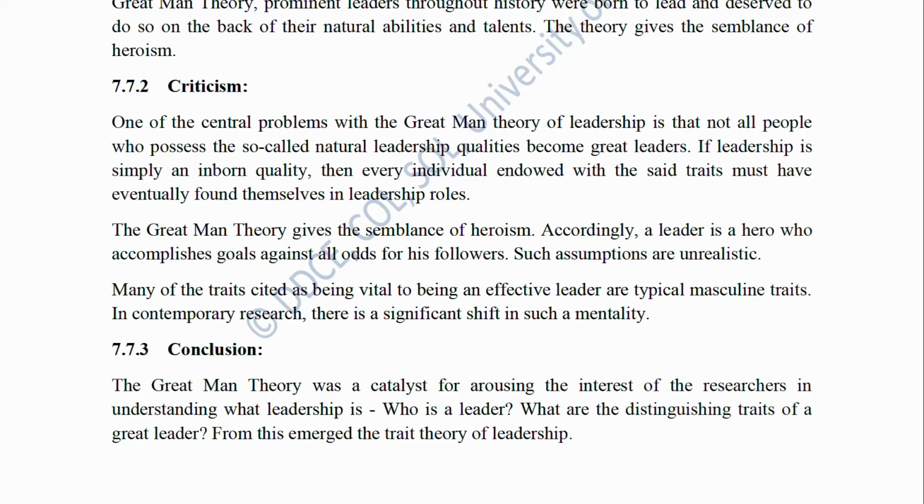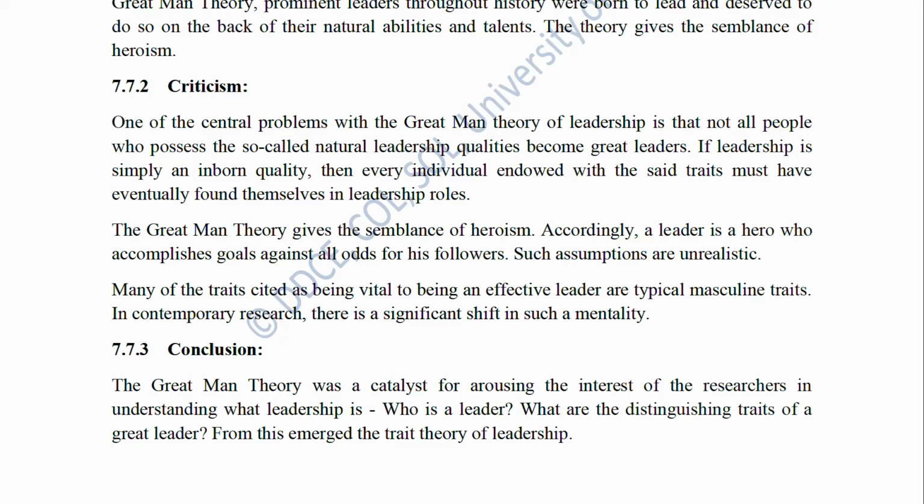Accordingly, a leader is a hero who accomplishes goals against all odds for his followers. Such assumptions are unrealistic. Many of the traits cited as being vital to being an effective leader are typically masculine traits. In contemporary research, there is a significant shift in such a mentality.